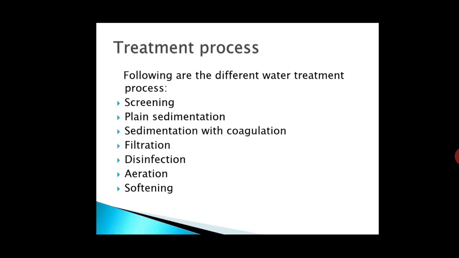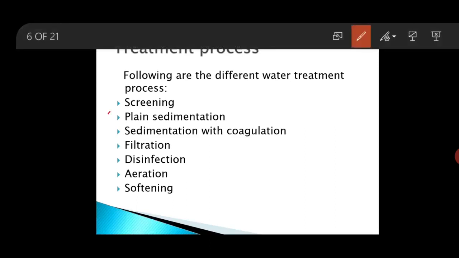Next, what are the different methods of purification of water? The various methods or techniques which may be adopted for purifying public water supplies are screening, plain sedimentation, sedimentation with coagulation, filtration, disinfection, aeration and softening.